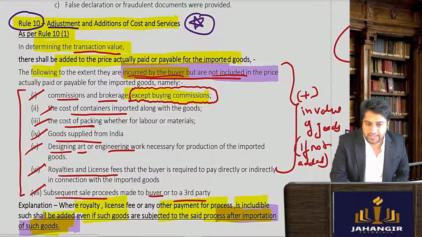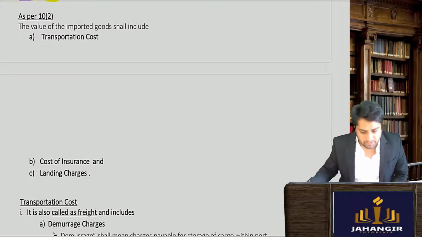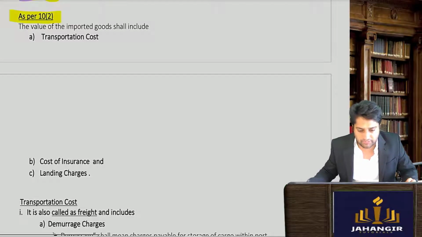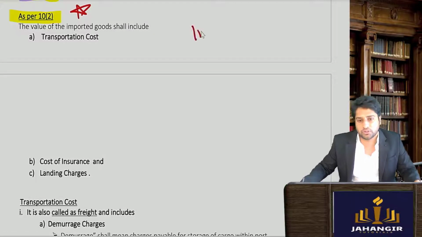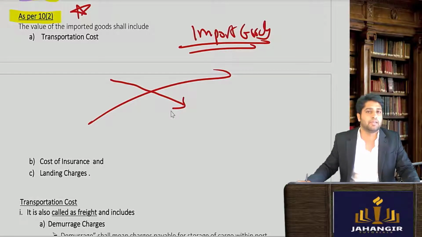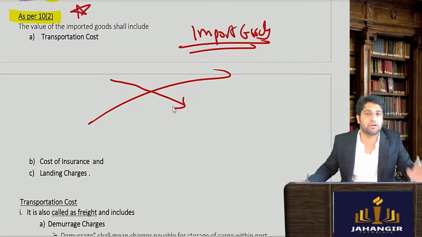Okay, so this is your rule 10.1. Rule 10.2 will come in the sums. What does 10.2 say? By default, pay attention, okay? This is very, very important. Whenever you import goods from the other country, there will be some expenses mandatorily levied on you.